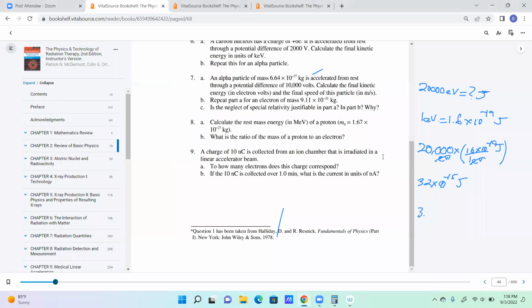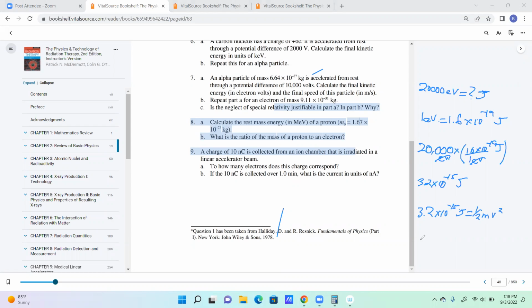And again, just like the other problem that we had before, it is one half m v squared.